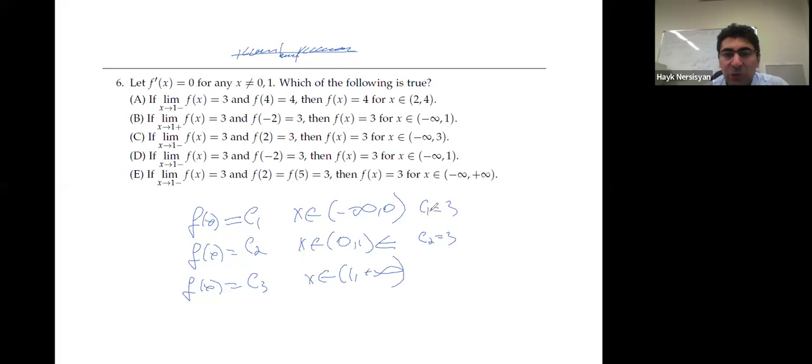Can we say that from -infinity to 1, this is... if we are discussing A, I jumped to B immediately. This means C2 equals 3, but F of 4 being 4 means that C3 equals 4.